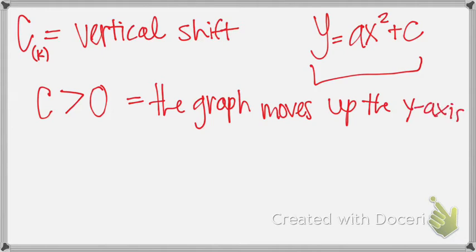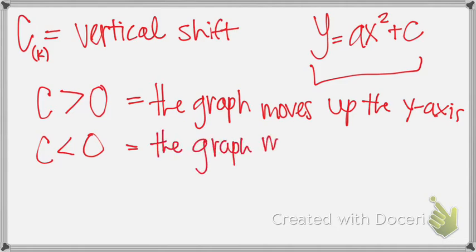I need to write this down. If C is less than 0, obviously it's negative, so where's it going? It's going down. Good job. That's all it does for C. That's as hard as it gets.